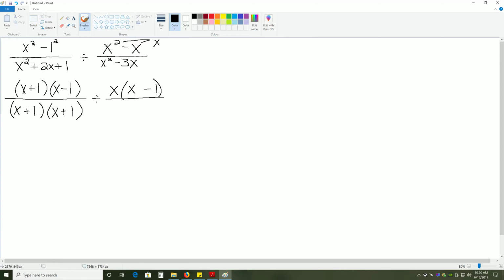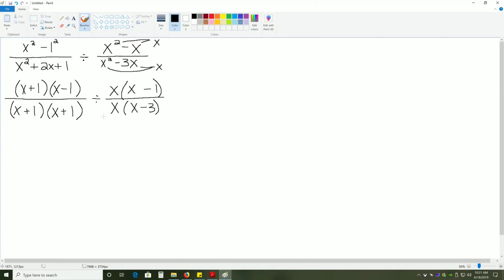And that's all divided by, again, x squared minus 3x. We just have to find a common factor, which is just x. So we have x times x squared divided by x is just x, minus 3x divided by x is just minus 3.